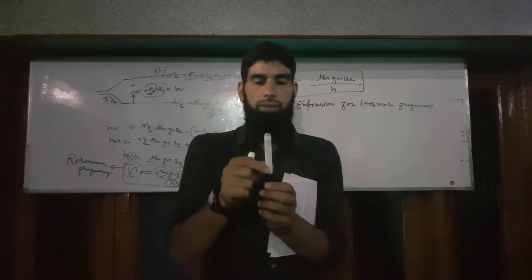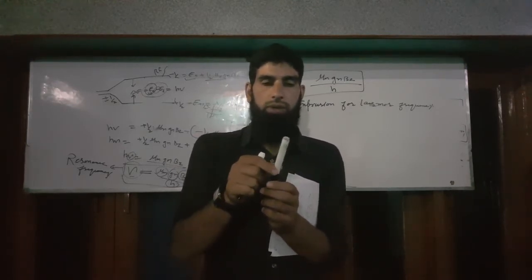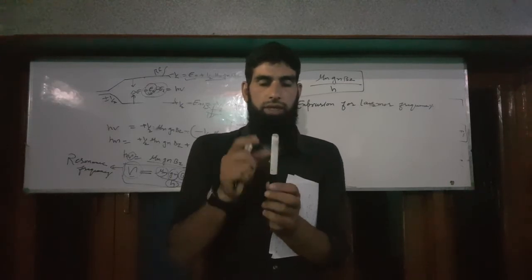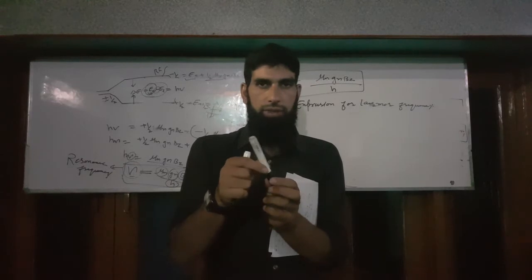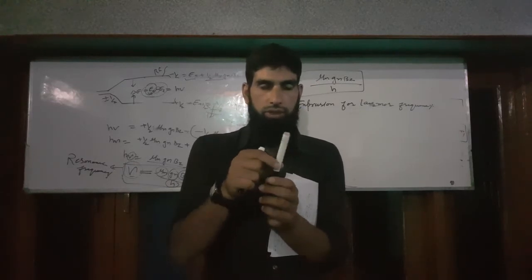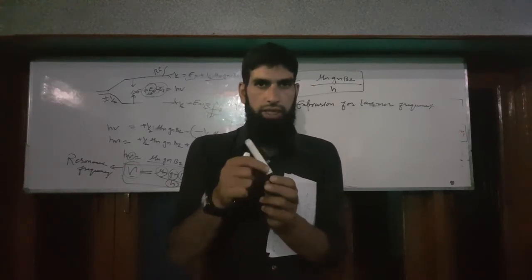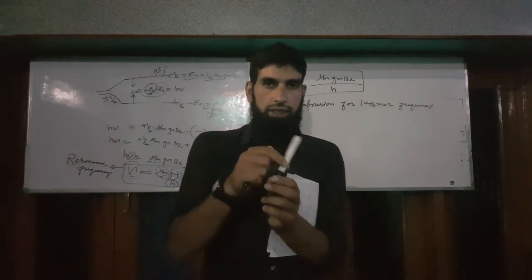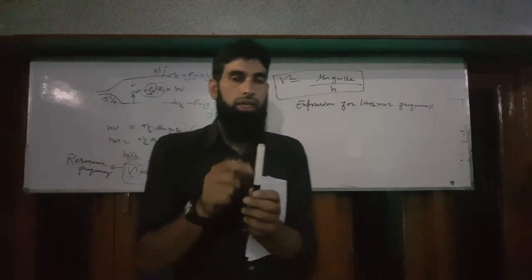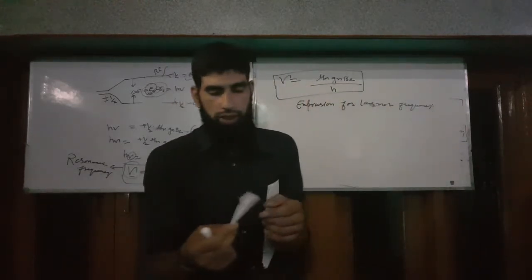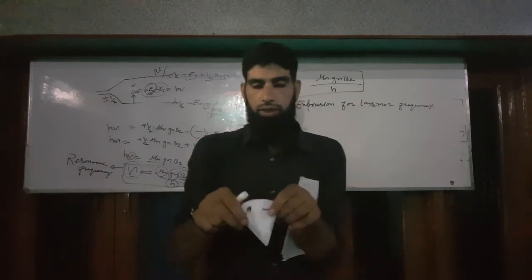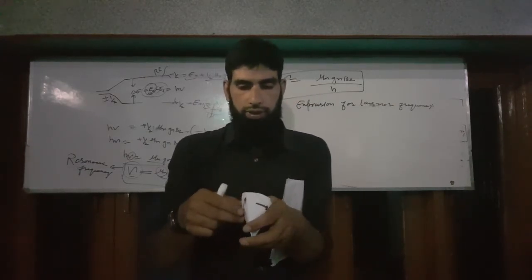The frequency at which this magnetic moment is circulating is known as the Larmor frequency. I have taken a model, so try to understand this point. This is very important.